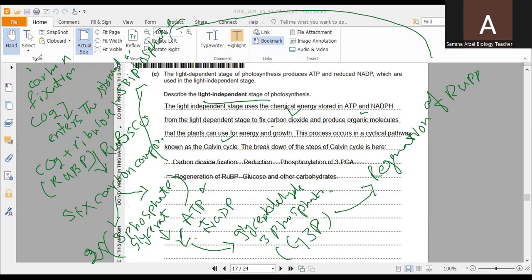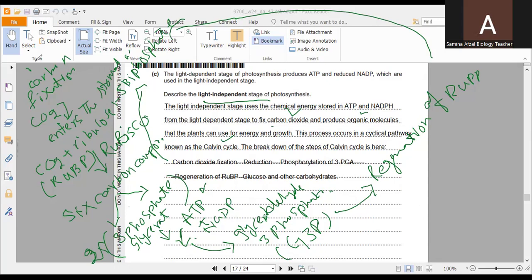I would like to explain: first of all, the carbon dioxide from the air enters through the stomata, and reacts with ribulose 1,5 biphosphate, and there will be the formation of a 6 carbon compound, which is a very unstable compound.